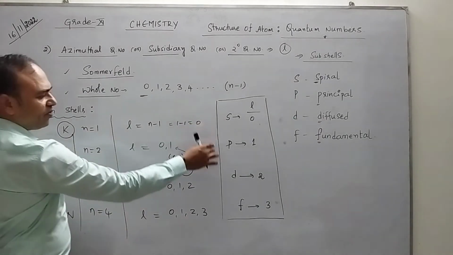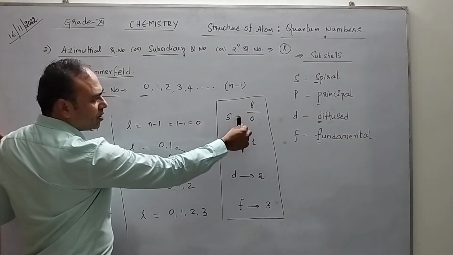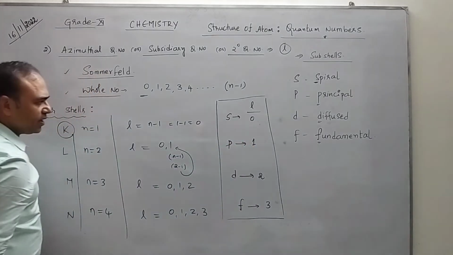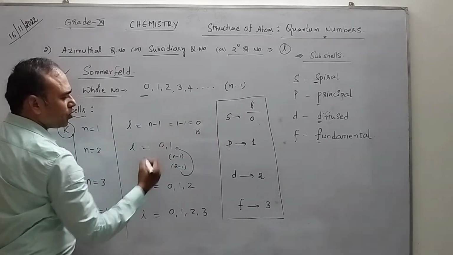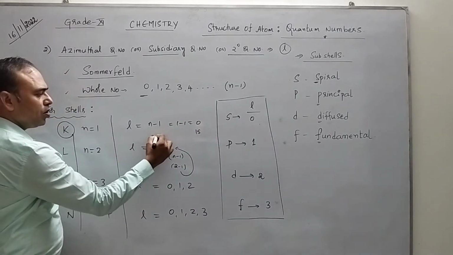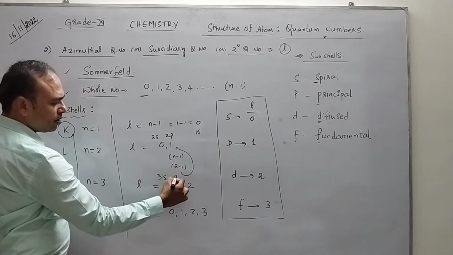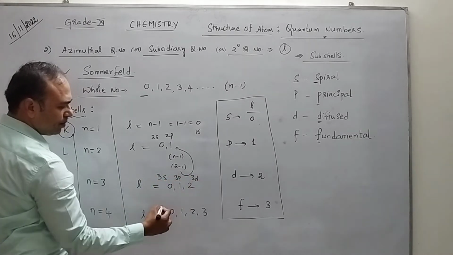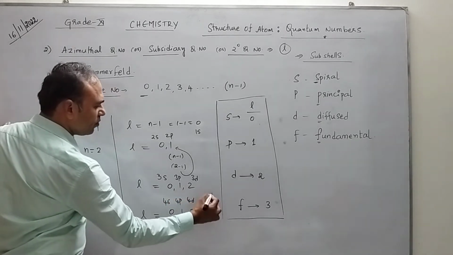So SPDF can be represented, that is subshells are represented by azimuthal quantum number 0, 1, 2 and 3. Now if you write here, it is very simple. This is nothing but 1s. This is 2s and 2p, 3s, 3p, 3d, this is 4s, 4p, 4d and 4f.